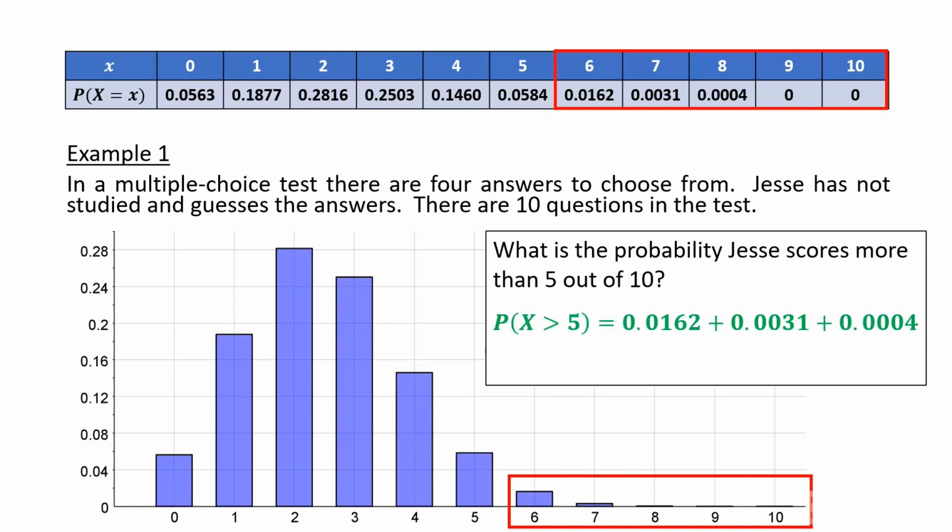So to work out the probability of being greater than 5, we just add up all these probabilities to get 0.0197, which is equivalent to 1.97%. About 2% chance that Jessie would get more than 5 out of 10 in the test by guessing answers.